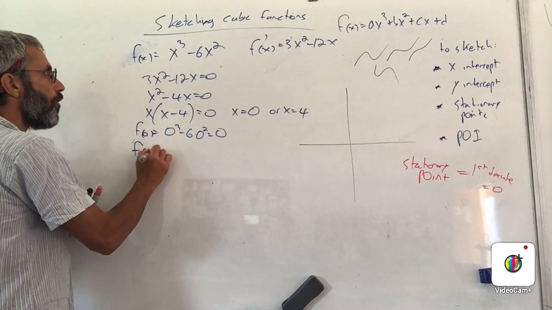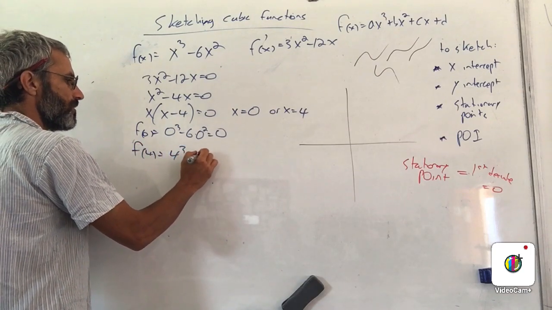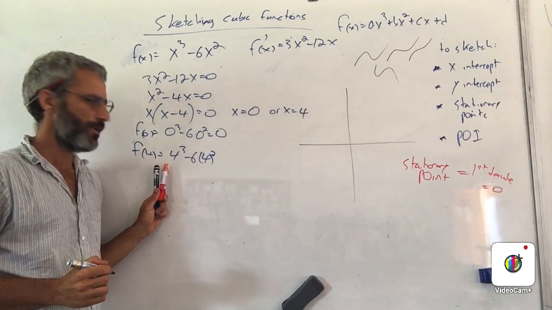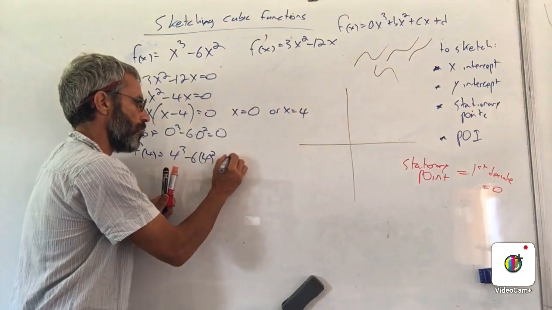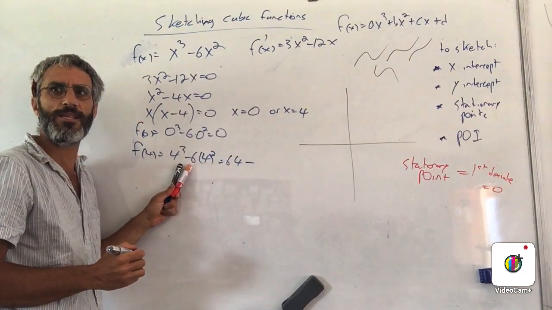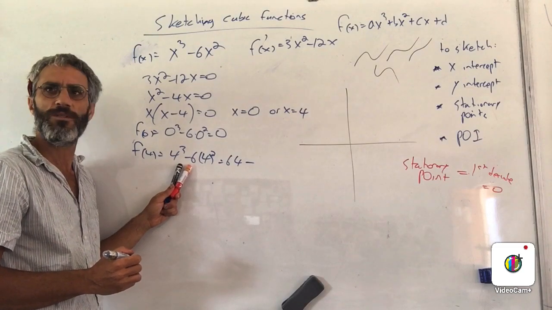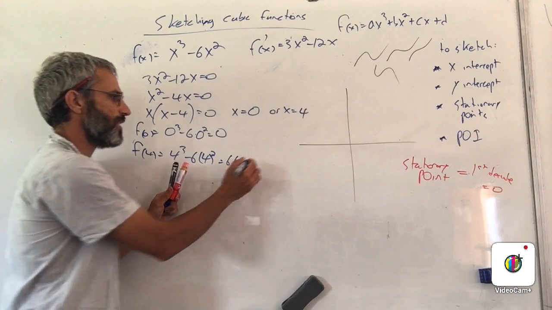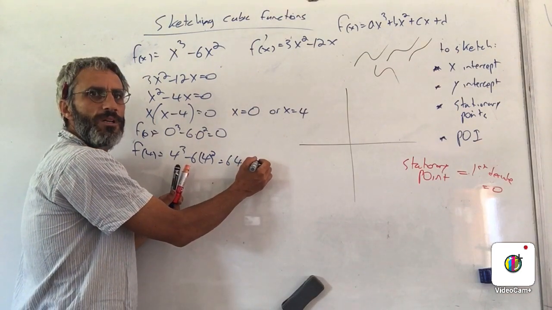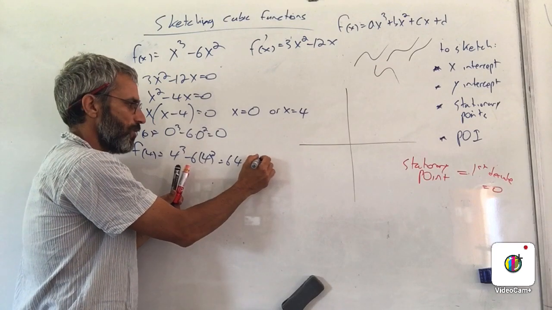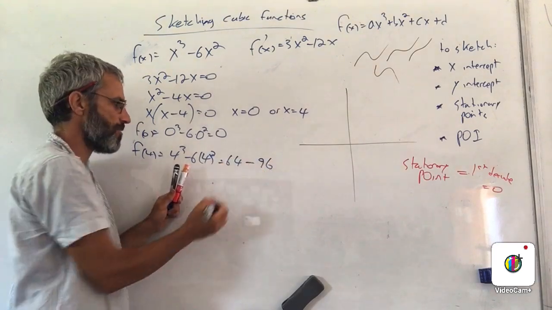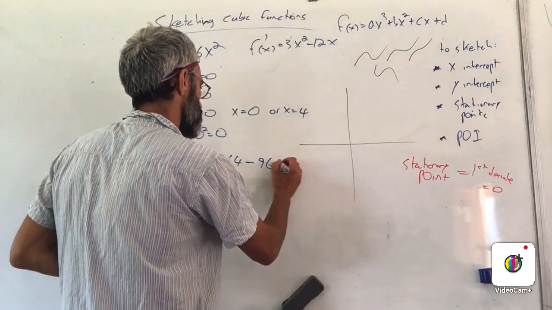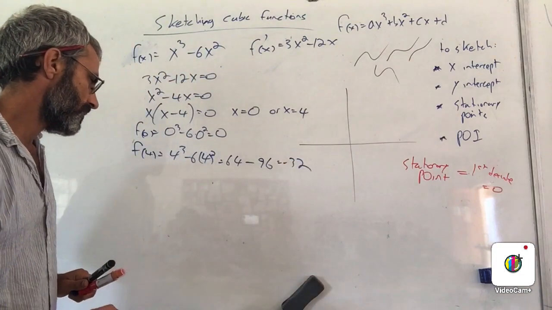And f of 4 is going to be 4 cubed minus 6 times 4 squared. 4 cubed is 64, and 4 squared is 16, so it's 64 minus 6 times 16. 6 times 16, how much? 96. So 64 minus 96. I got minus 32 altogether. That makes sense? Yes, okay.